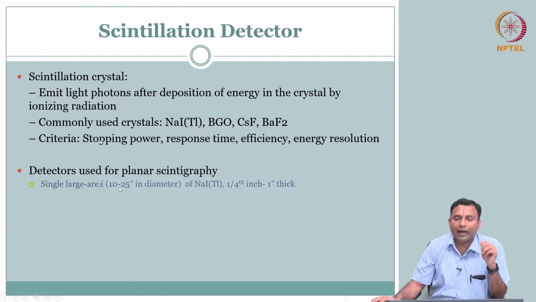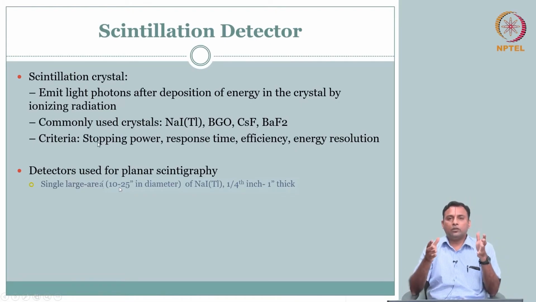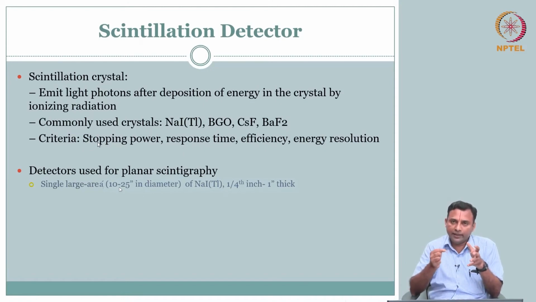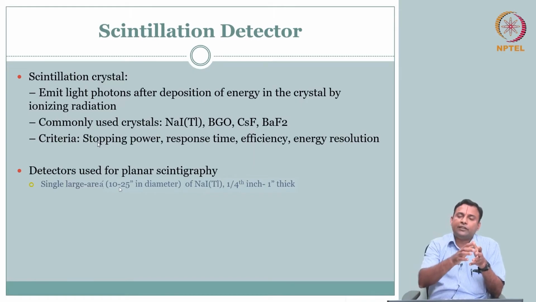So what is the big picture, what is it supposed to do? Gamma rays come in, it has to absorb the gamma rays, excite via photoelectric effect, and then when it comes back to the ground state, the reconfiguration sends out energy which is in the visible light range.